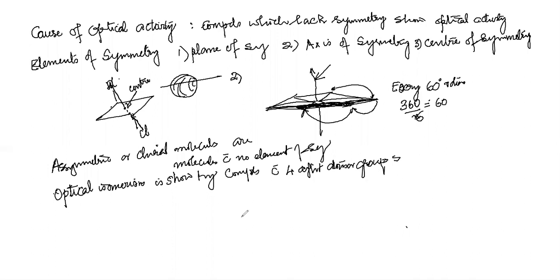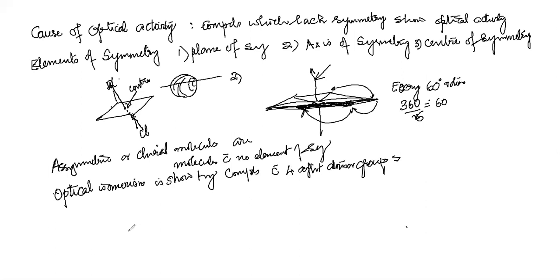So optical isomerism is shown by compounds with 4 different atoms or groups on the same carbon atom. That is the basic requirement of optical isomerism.